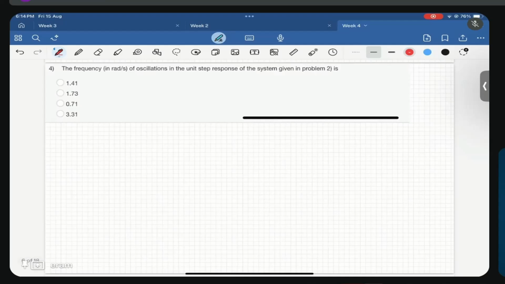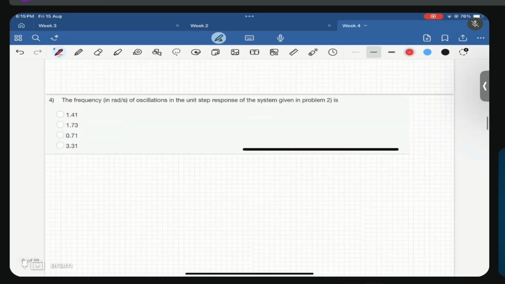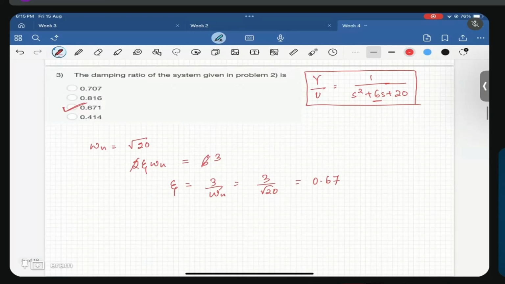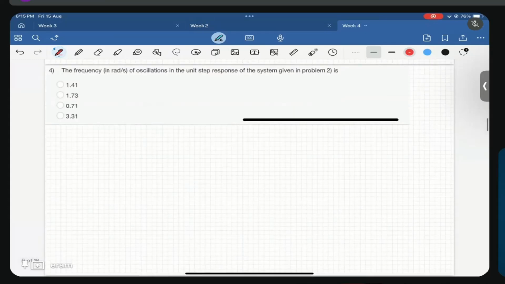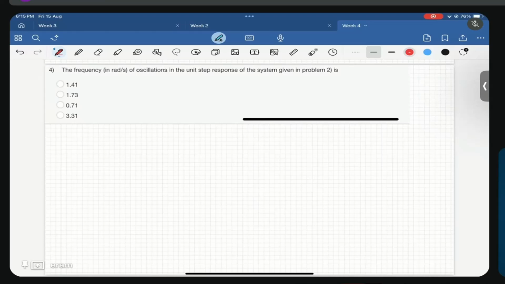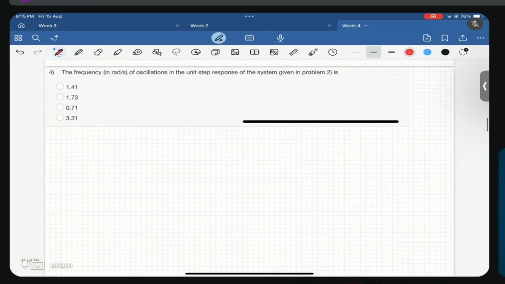Now for the same problem, identify the frequency of oscillations in the unit step response. So for this second order system, you are providing a step input, and then you have to identify what the step response is, and the frequency with which the response oscillates.